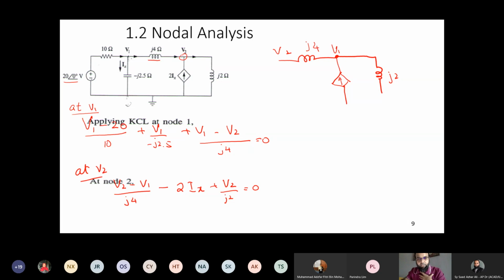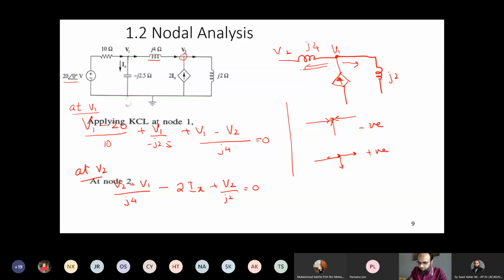The convention I take is that all the currents are going away, unless it is already specified, like this one is going towards. According to KCL, all the currents going towards the node are negative and all the currents going away from the node are positive.